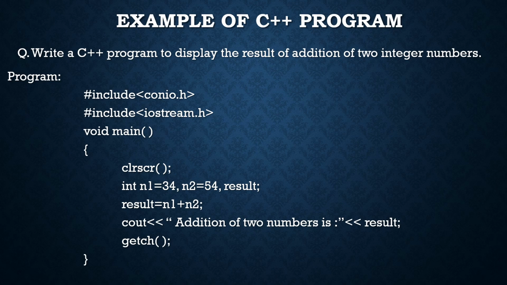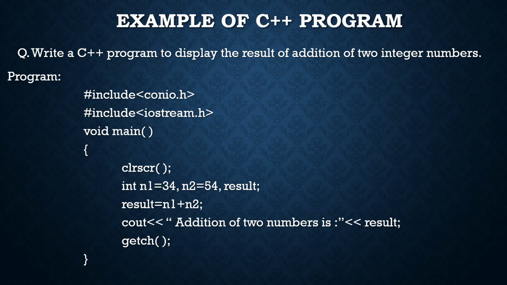Then we need to display the result. For displaying any result or statement, we have to write the cout object. So cout, then in quotation marks whatever you want to display. Here I want to display addition of two numbers, so I have written this statement in double quotation marks.